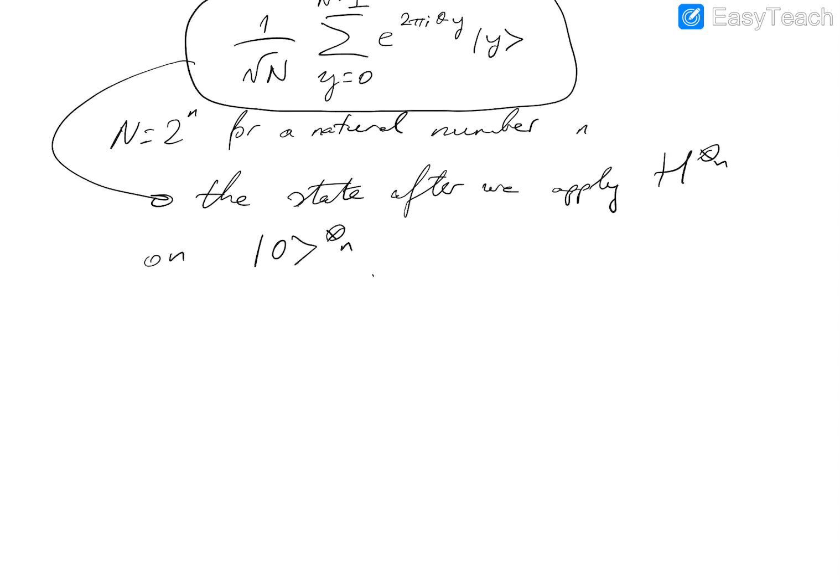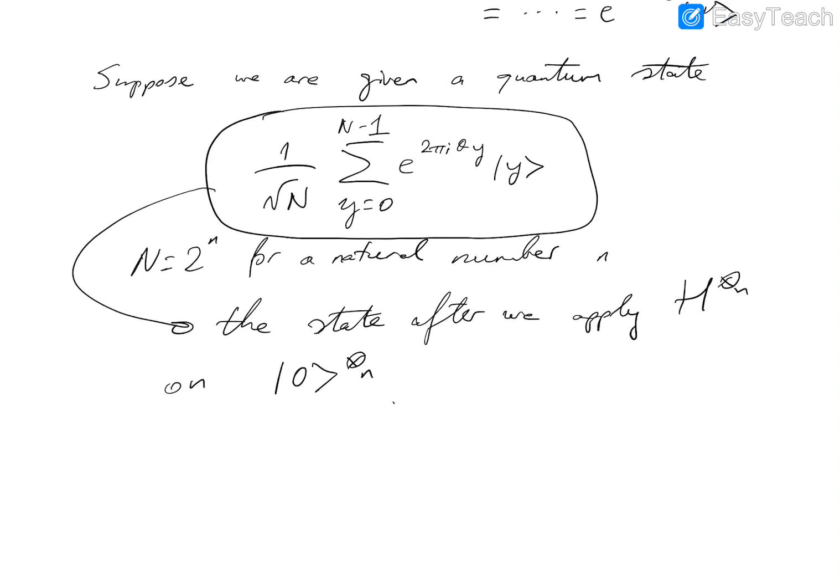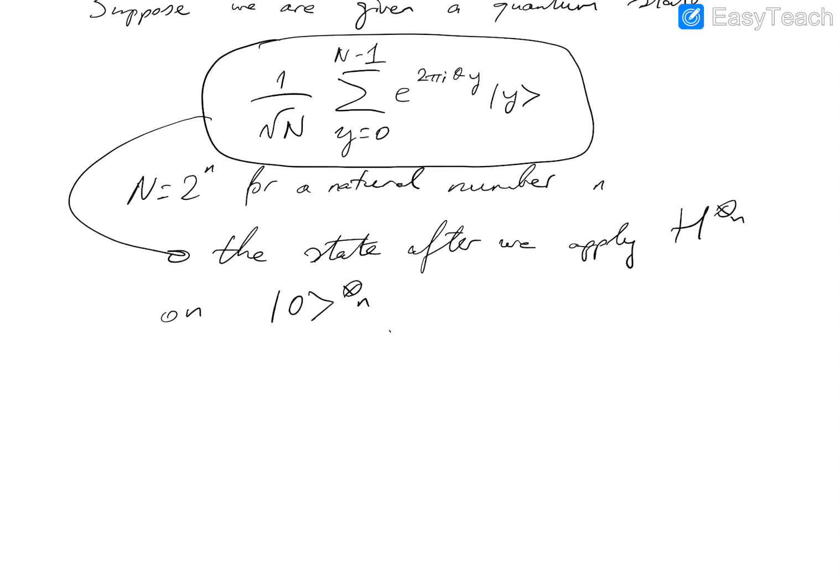All right, so the state after we applied the n-dimensional Hadamard transform is equivalent to the state I'm about to write now. We assume that n is equal to 2 to the n, so the amplitude is 1 over square root 2 to the n.